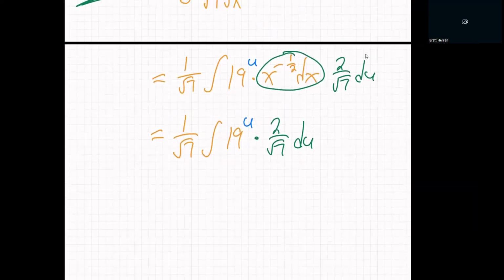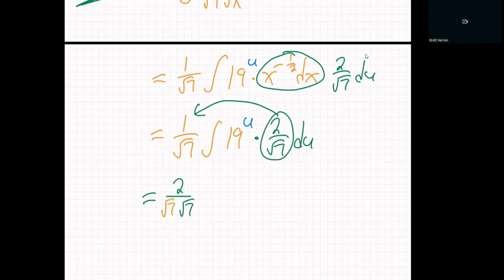So let me grab this and move it to the front. On the top, 1 times 2 is 2. On the bottom, root 7 that was already there and the other root 7, just bring it to the front. And then we have the integral of 19 to the u du.